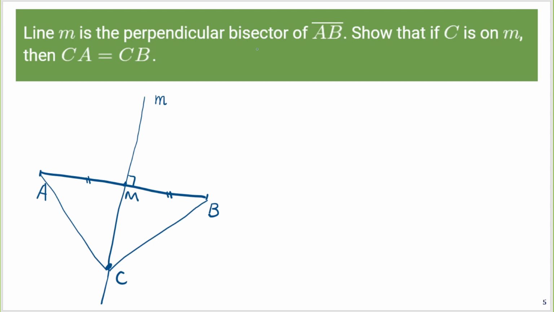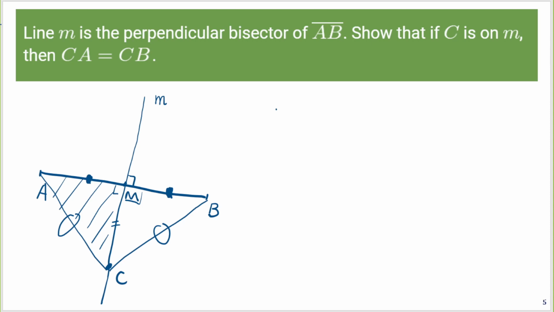Okay, let's have a look at the solution here. But if you want to prove a pair of equal lengths, probably you'll use a pair of congruent triangles, right? Note that this side equals this side, and this angle is 90 degrees, this angle is also 90 degrees. It shares the same side here, right? Therefore, we know triangle AMC must be congruent to triangle BMC.